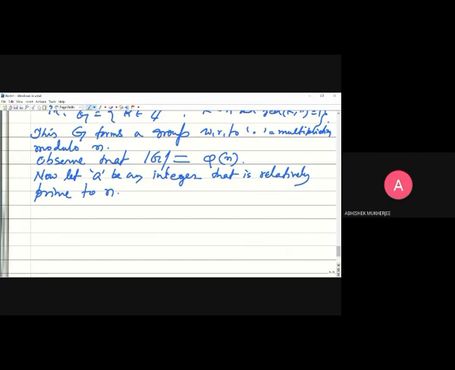Suppose you have an integer a and a positive integer n, then using the division algorithm you will get one quotient and one remainder.